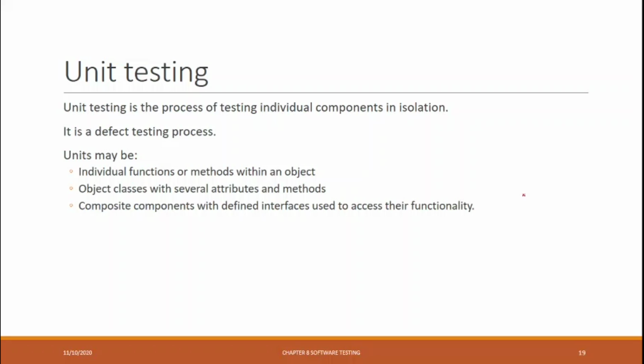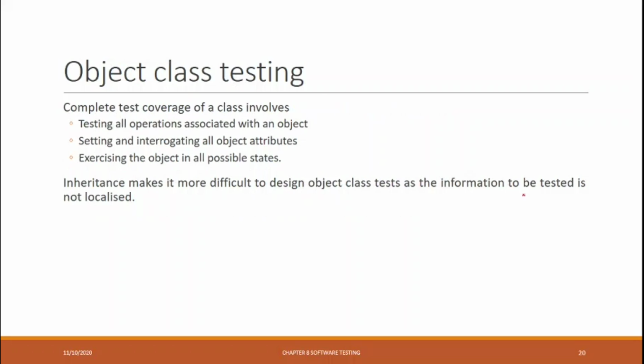so many features of the parent classes. Whatever test is done on the parent, the same test also has to be done on the child class, because it has inherited all the features of the parent class. So you test all the operations associated with the object, set and interrogate all the object attributes, and exercise the object in all the possible states.